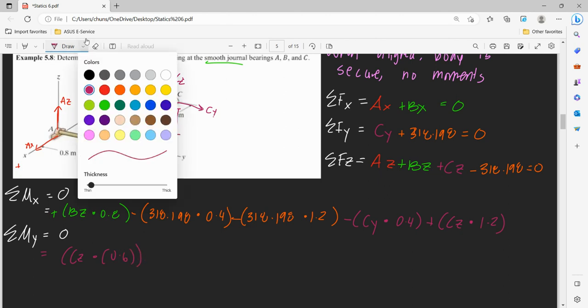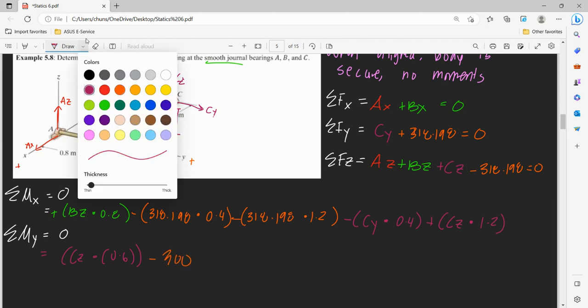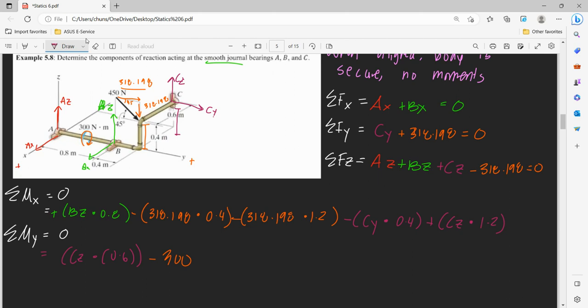And we also have a moment here, and this is our positive y direction. If we look down the barrel from our positive side, we would see that this is in a clockwise direction. So this is minus our 300 moment, and we want to find the sign of cz. So cz is in the positive y direction as well.